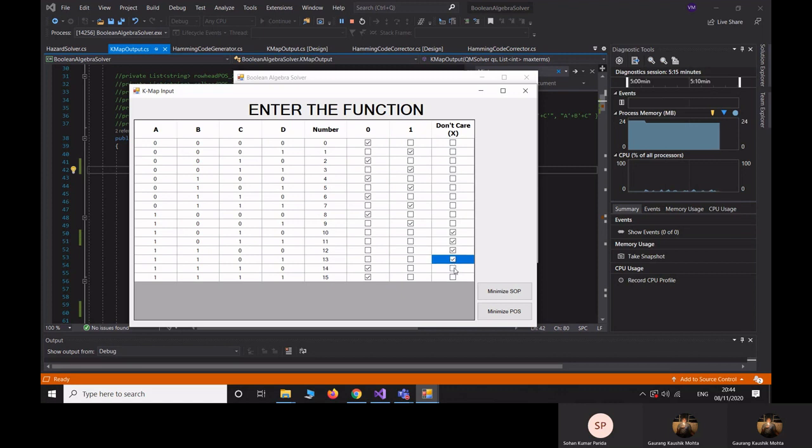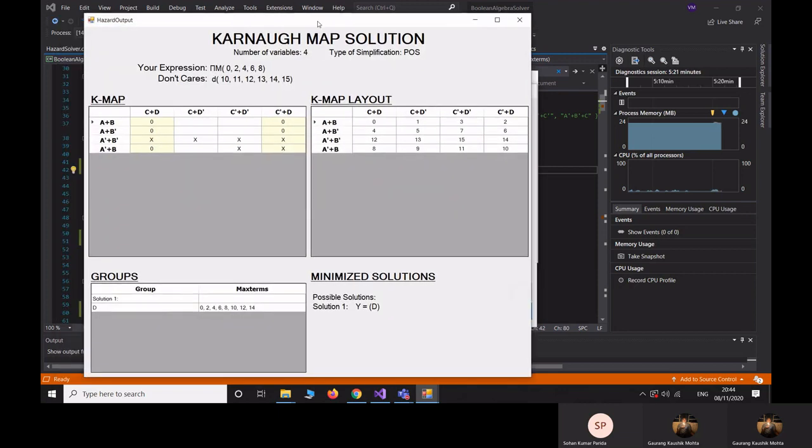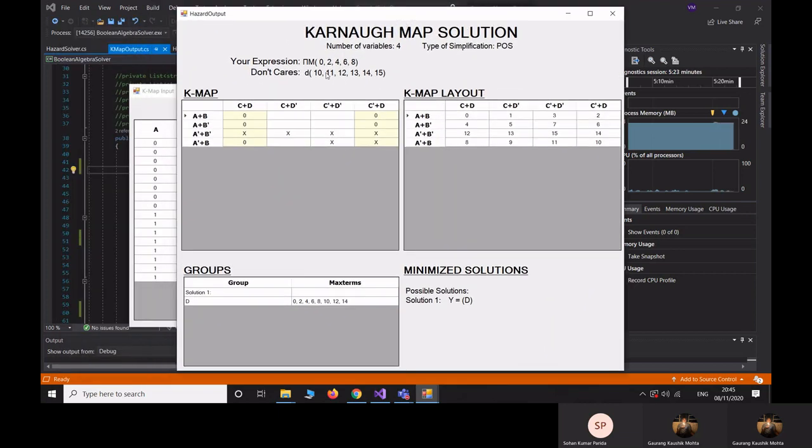Let us minimize the POS. As seen, the left side K-map highlights only those terms which have been used to form groups and not all the don't care terms.